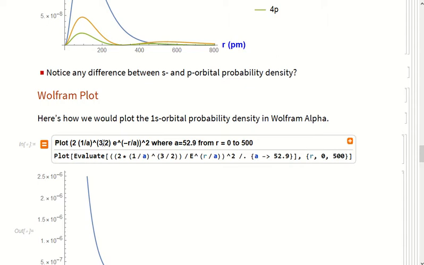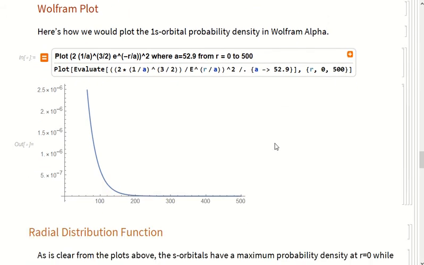So here's our radial component of our wave function squared from r equals 0 to 500 picometers. And it's just a very simple exponential as seen above. But again, this is how you would enter that. If we took this and entered it into the browser in Wolfram Alpha, we will get this plot, or we could do it through the Wolfram Cloud by entering it with the freeform method.